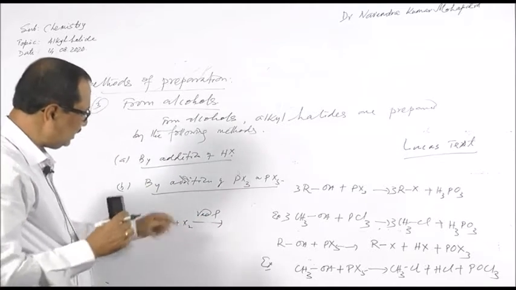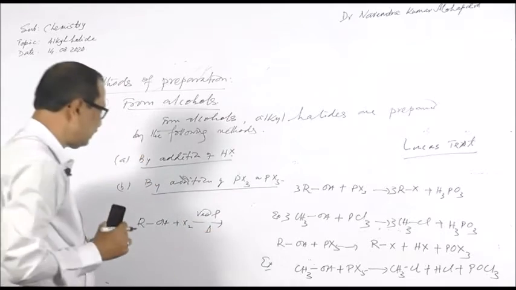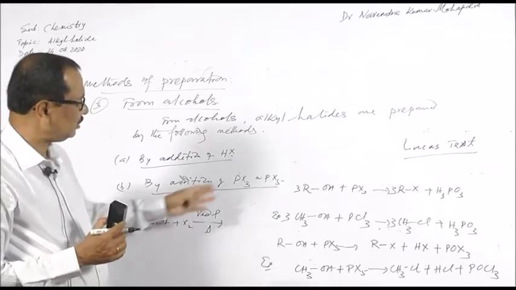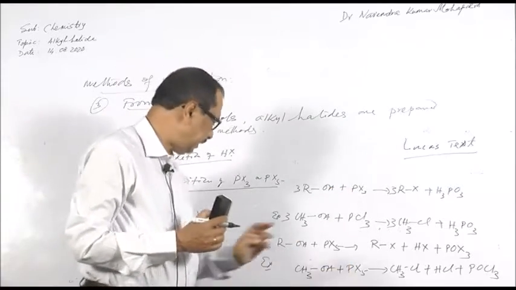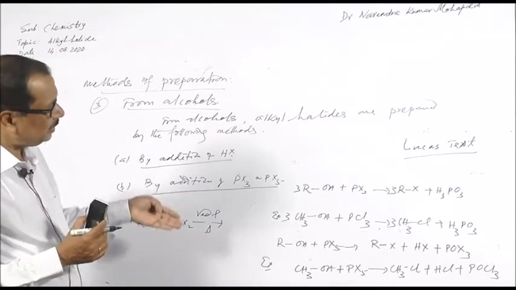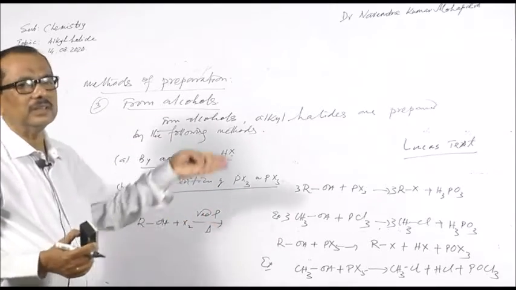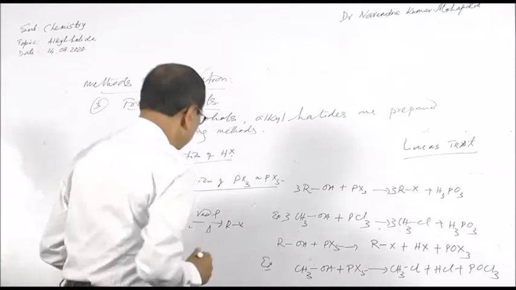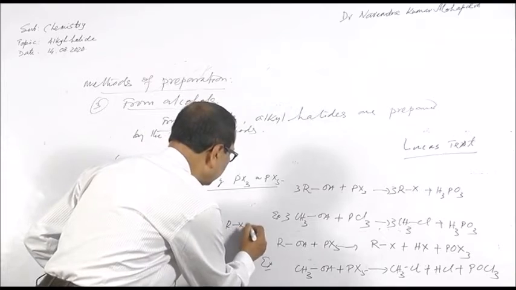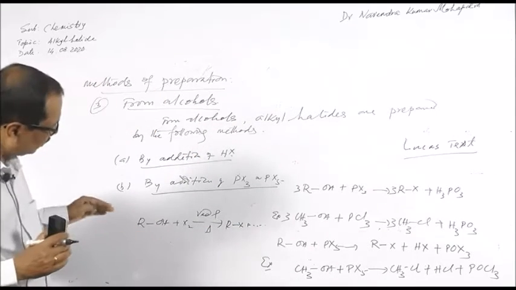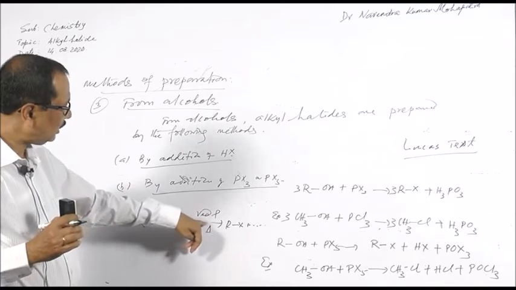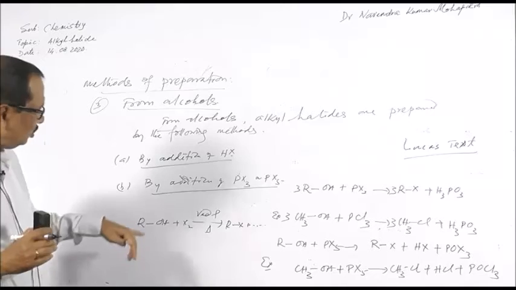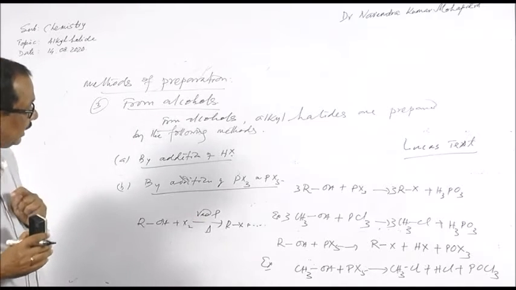When you carry out this reaction in the presence of red phosphorus, the reaction proceeds through either PX3 or PX5, which are formed in situ, meaning in the reaction medium itself, and the product will be RX along with other products. So instead of using PX3 and PX5, because these compounds are explosive in nature, we use halogen in the presence of red phosphorus.